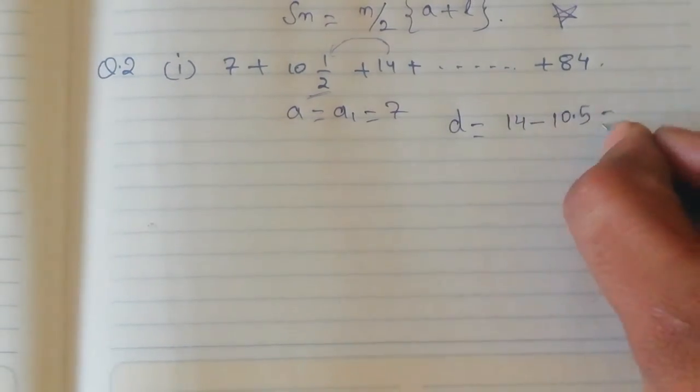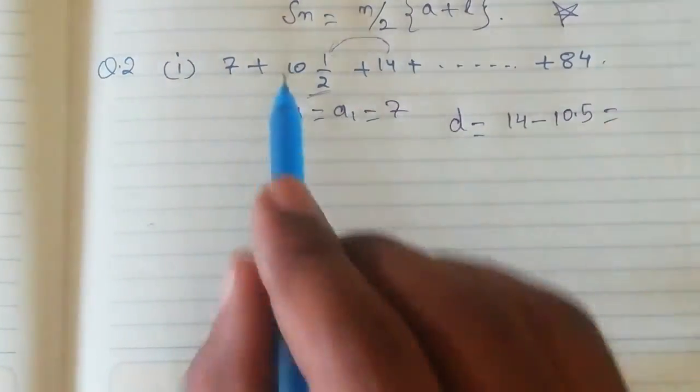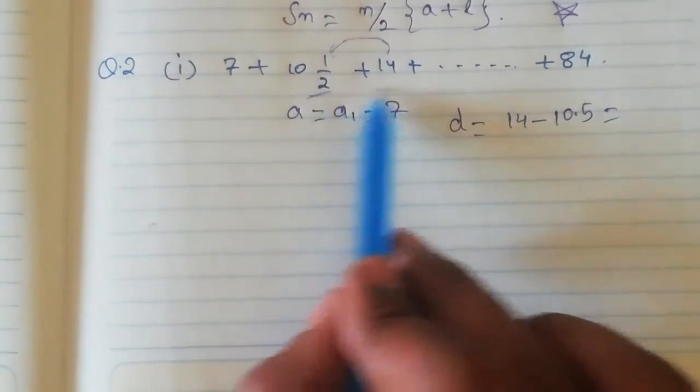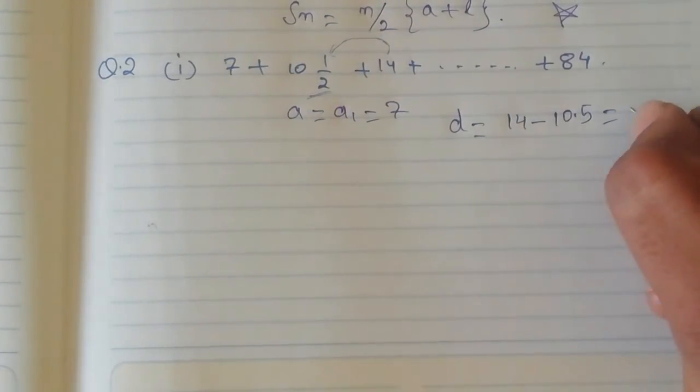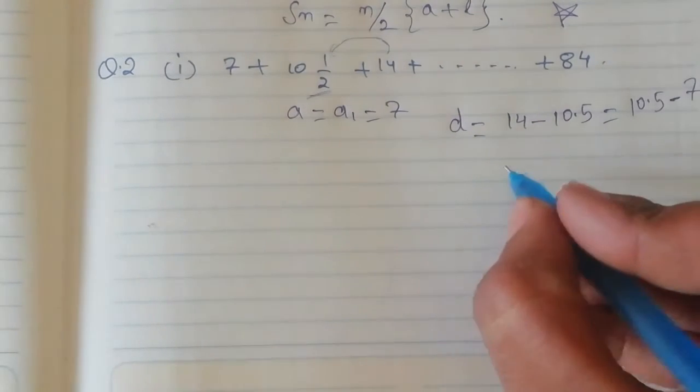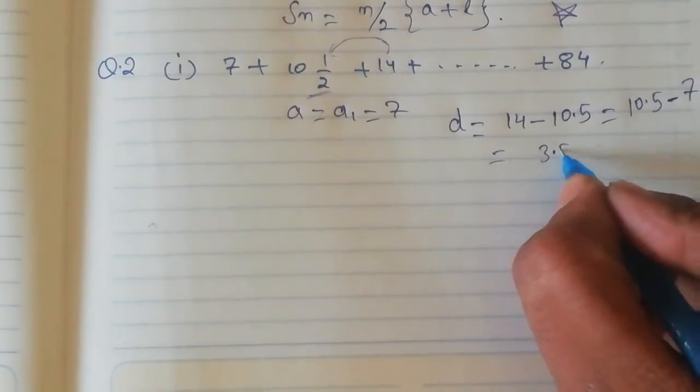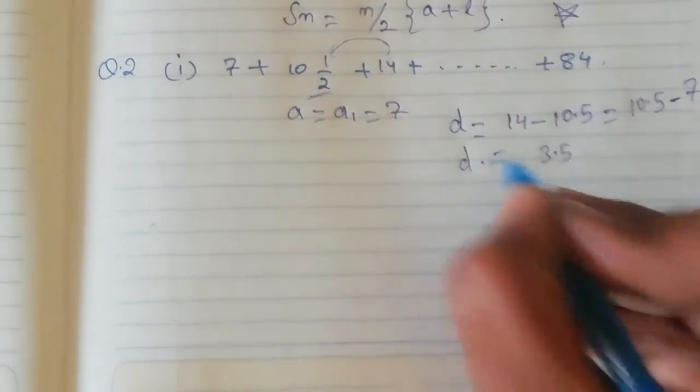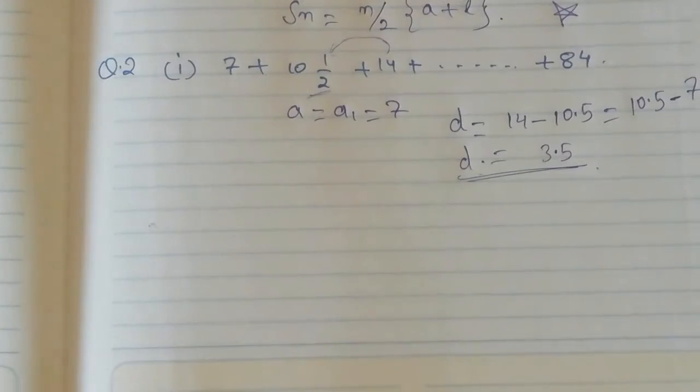The value must be the same if we subtract the first term from the second term. So here also we are getting 3.5, and here also 3.5, so the common difference d is 3.5.